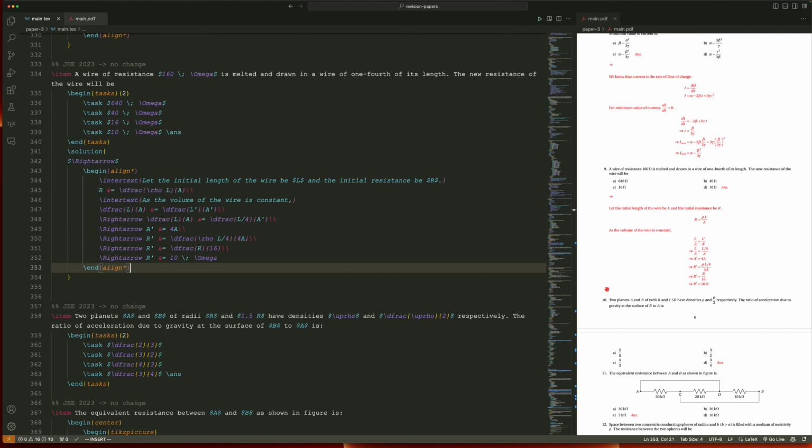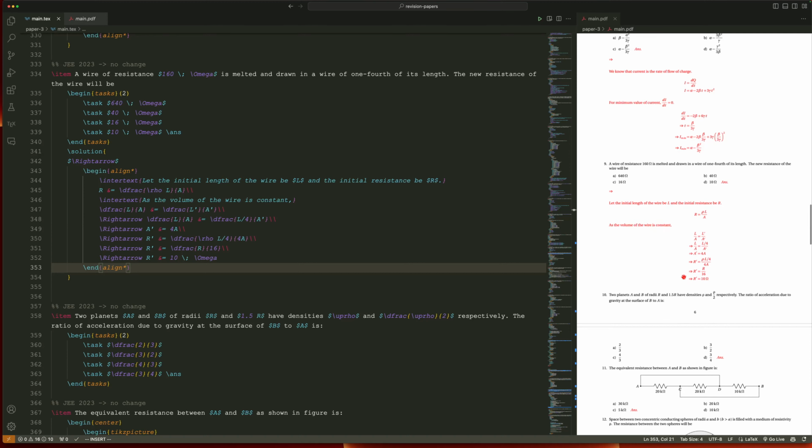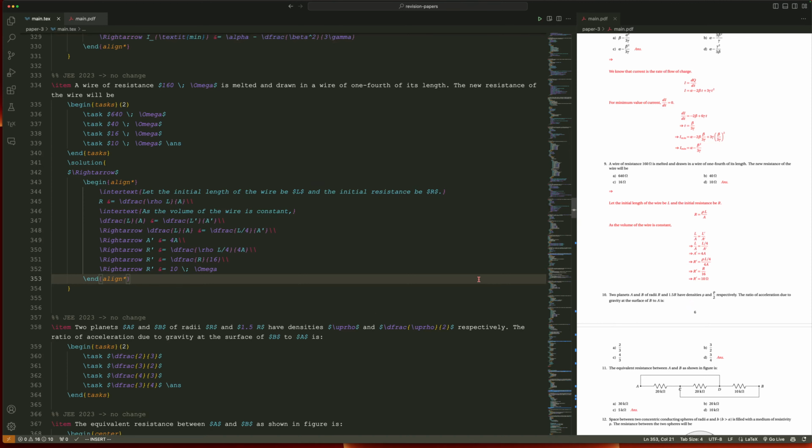I don't know if I should let it be like this. It's okay, but not the perfect way to solve this. How can you say volume? Yeah, volume is constant, but I'm not sure. Let's modify. Don't depend on it wholly and solely.